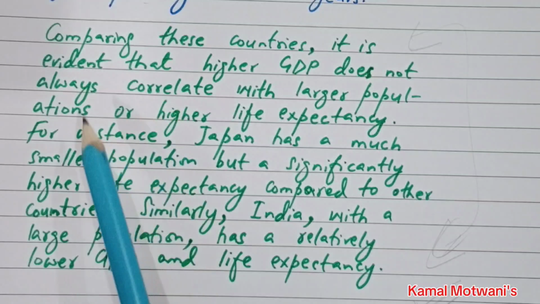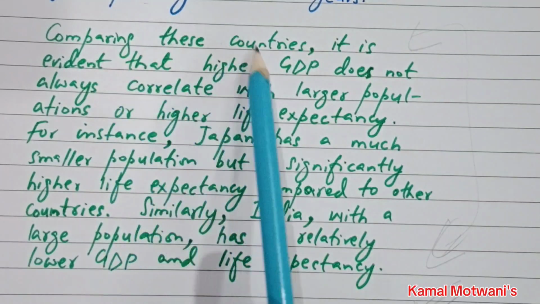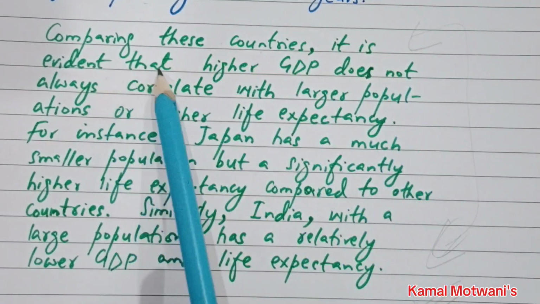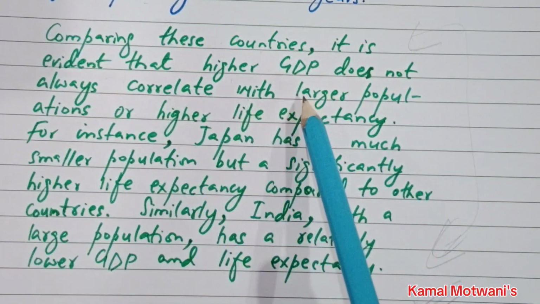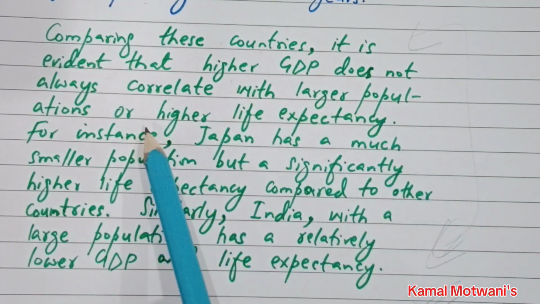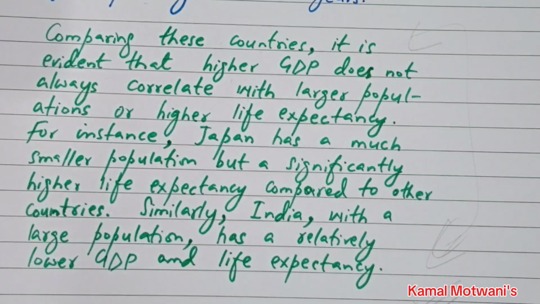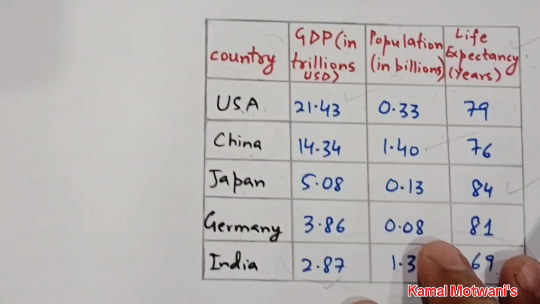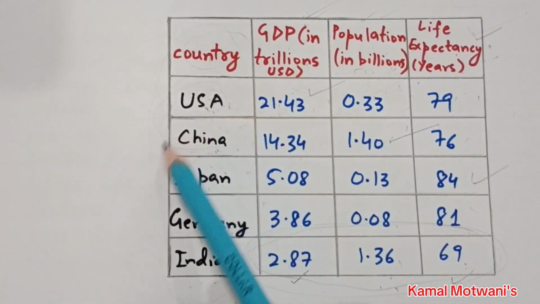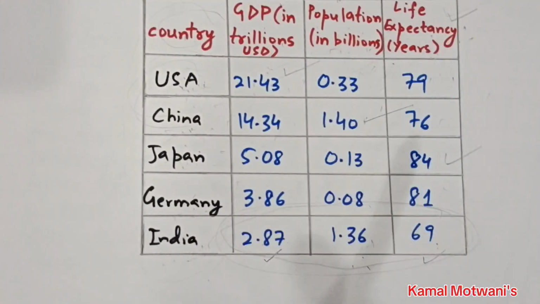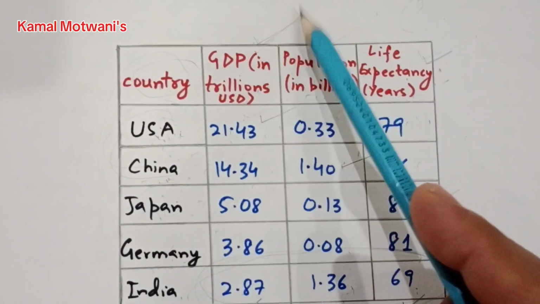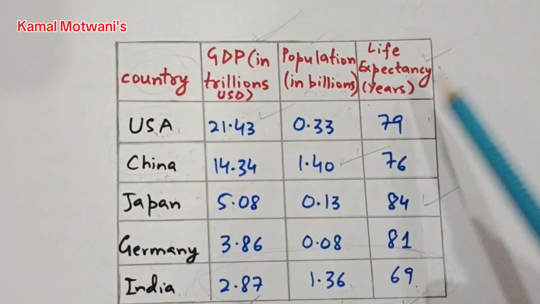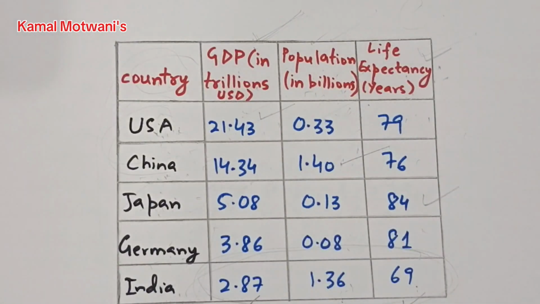Okay, let's read it. Comparing these countries, it is evident that higher GDP does not always correlate with larger population or higher life expectancy. It narrates that when we are comparing these countries, we can witness that it is not necessary that when the GDP is high, the population is high and life expectancy is high, and vice versa.